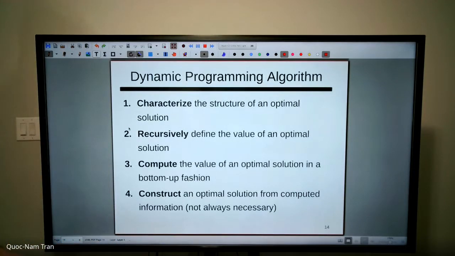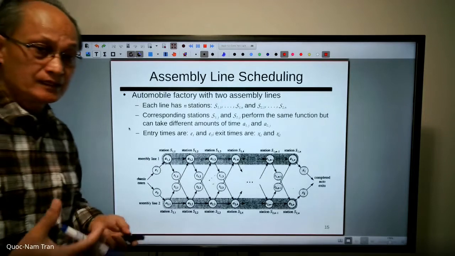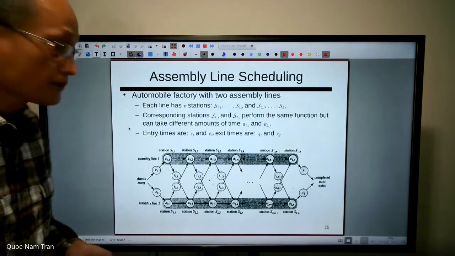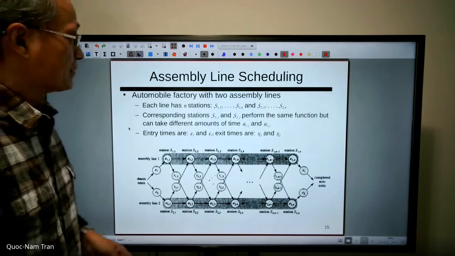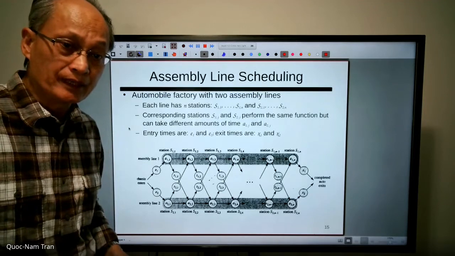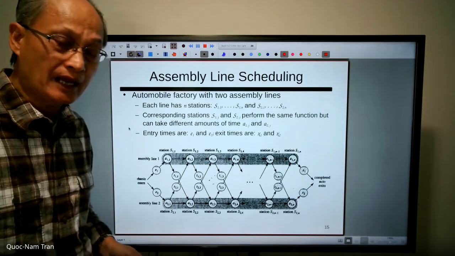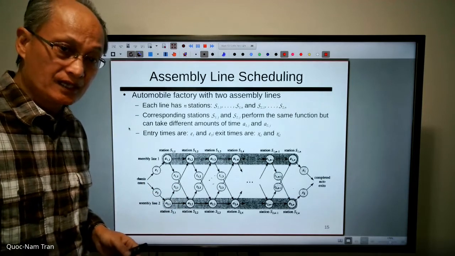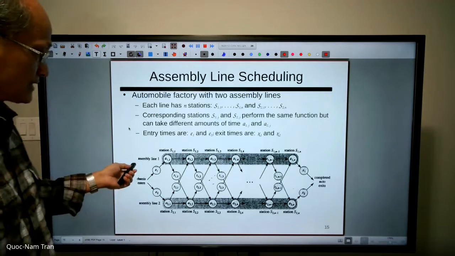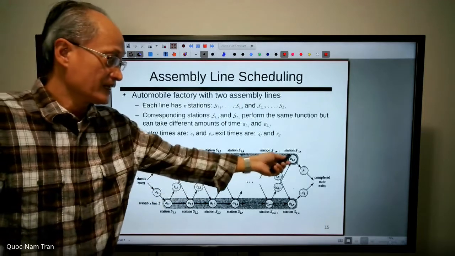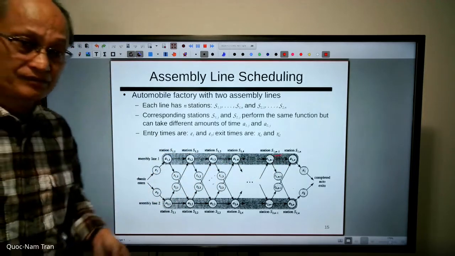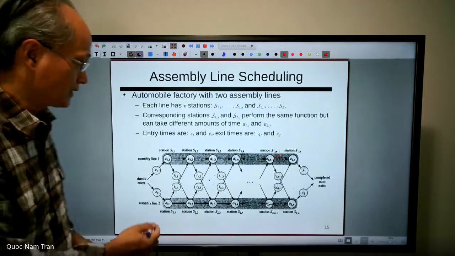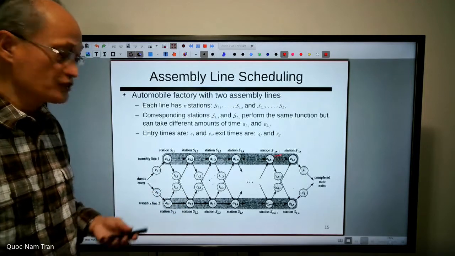Let's move a little bit through assembly line scheduling. I will come back to this point after we learn some fundamental techniques first. So we have two assembly lines, and the assembly lines may have different working conditions.